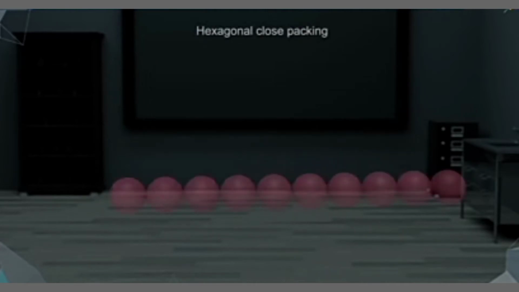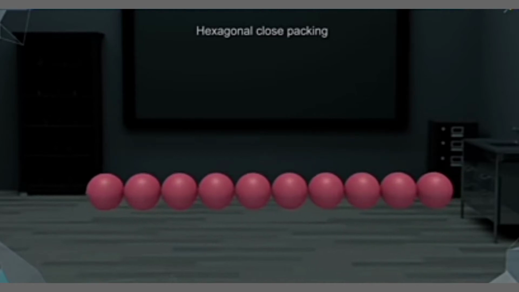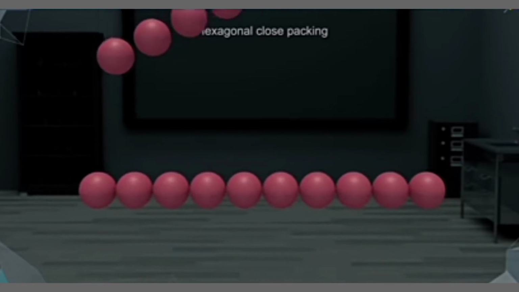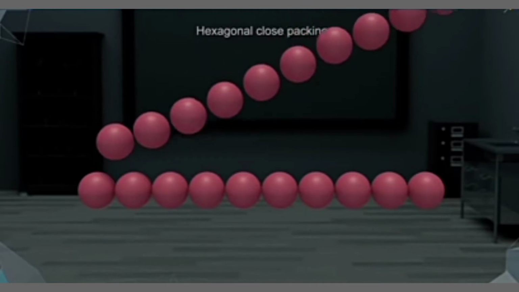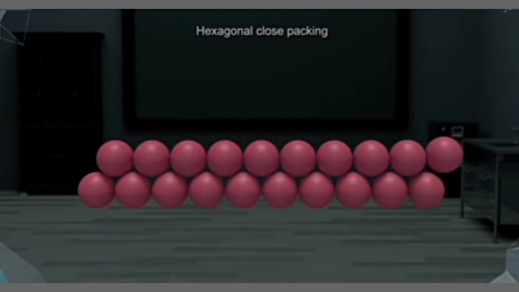Hexagonal close packing. In this type of packing of spheres, the second row is placed in a staggered manner such that the spheres fit in the depressions of the first row. If we call the first row as A type, then as the second row is different from the first row, it can be called B type.